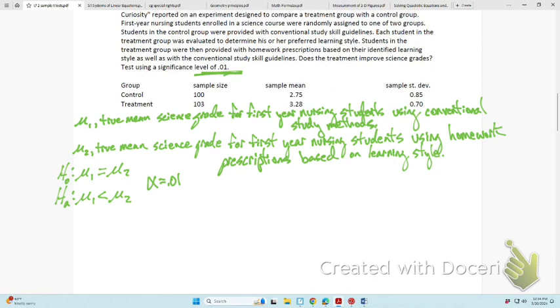These are not random nursing students. They're just those that are enrolled are randomly assigned. So that's all we can talk about. Random assignment to groups. The sample sizes are great, right? Both are larger than 30. Sampling distribution is approximately normal.